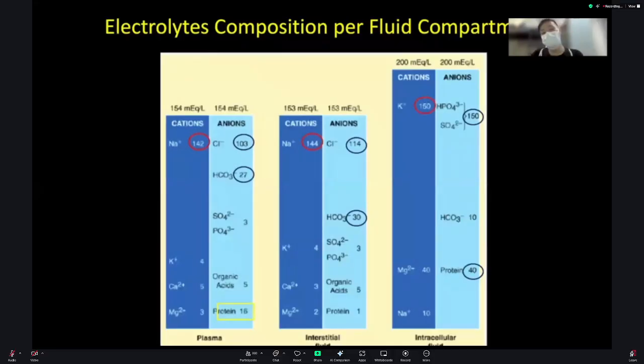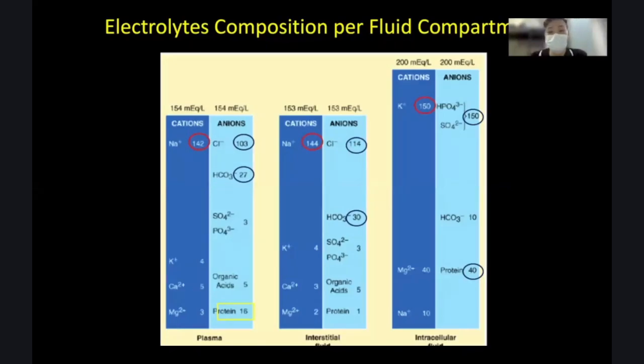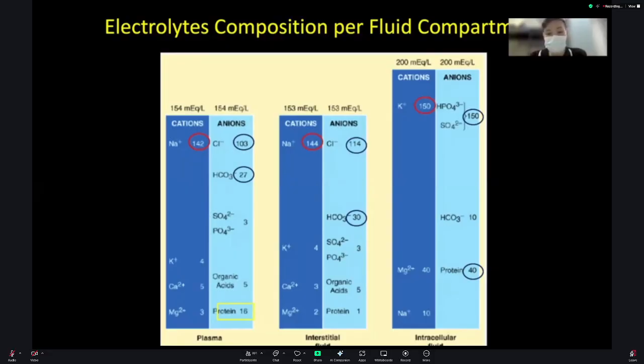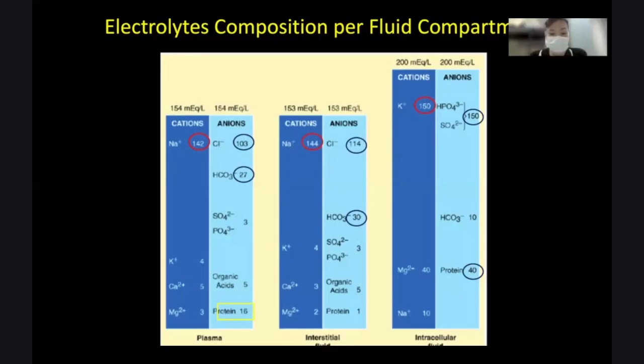So after the total body water, now we talk about the electrolyte composition per fluid compartment. So now we know that we have two compartments, mainly your extracellular fluid compartment, which is composed of your intravascular space or your plasma and your interstitial space.